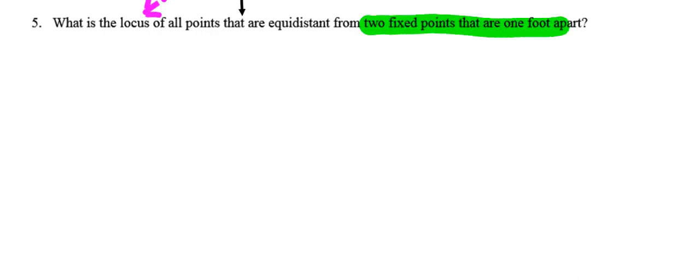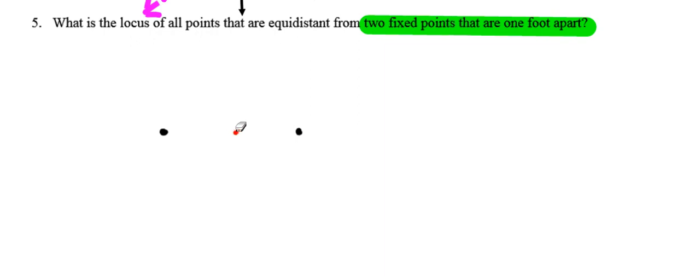So my starting place is going to be those two fixed points that are exactly 1 unit apart. So I'm going to make the distance between those guys 1 foot. And I want the set of points, the criteria that I need to meet is that they need to be equidistant. So the same distance to one of those black dots as it is to the other.